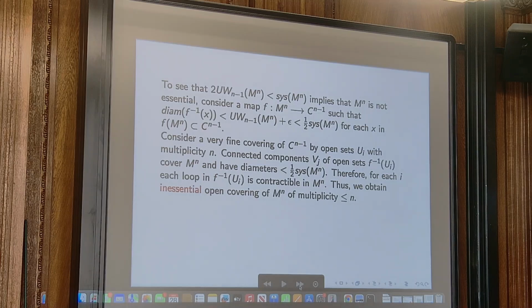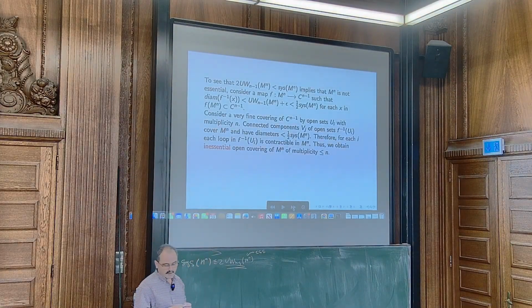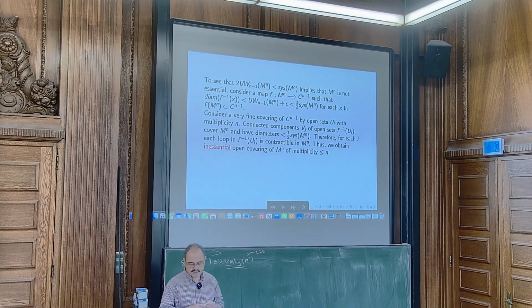It's n minus 1 dimensional, so such a covering exists. So consider connected components of the open sets f inverse of those sets Uᵢ. They will cover Mⁿ and have diameters less than 1/2 of the systole. So here we got a covering of our Mⁿ by connected sets Vᵢ, and they have the following property.